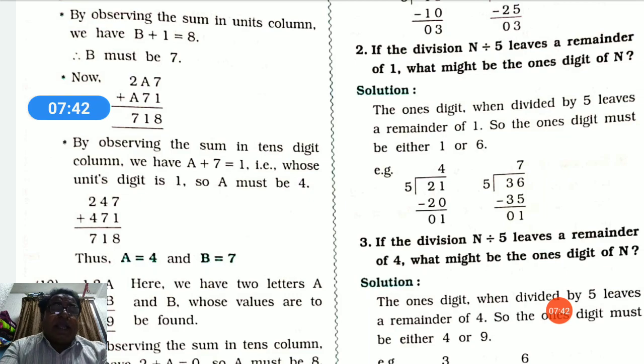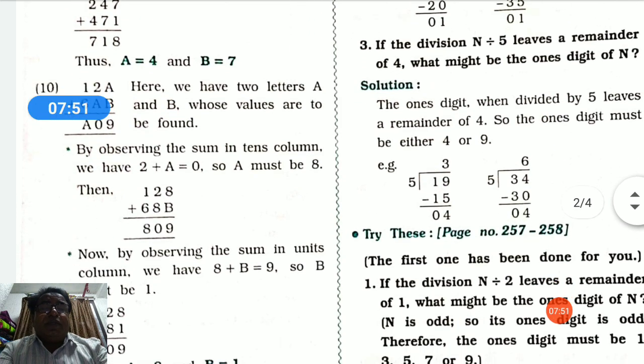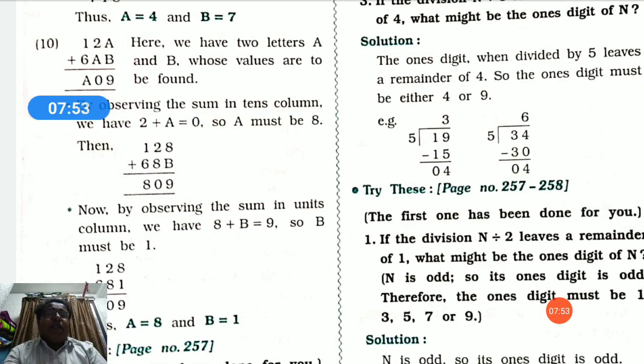If the division n divided by 5 leaves a remainder of 4, what might be the ones digit of n? The ones digit when divided by 5 leaves a remainder of 4. So the ones digit must be either 4 or 9.